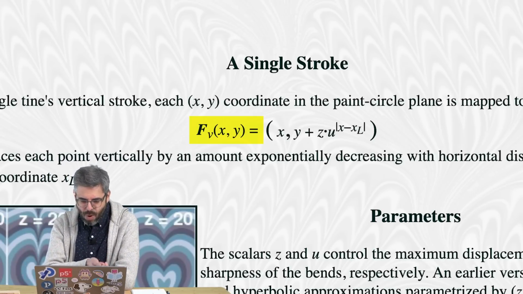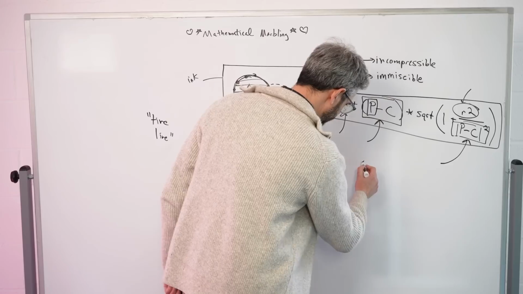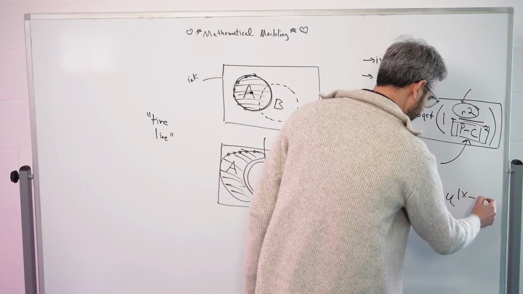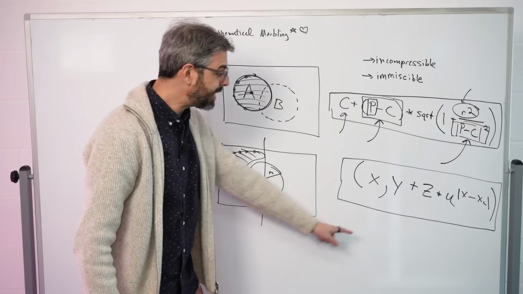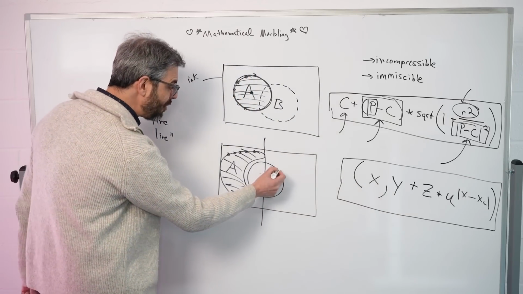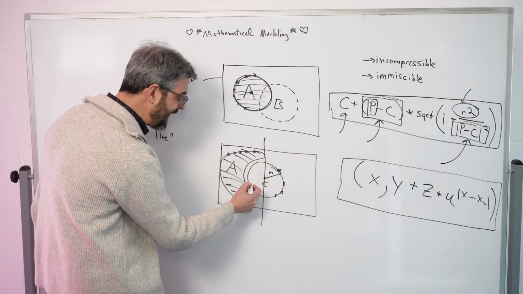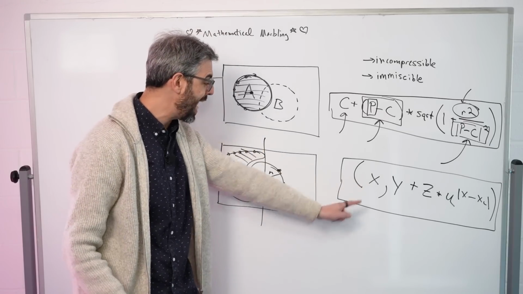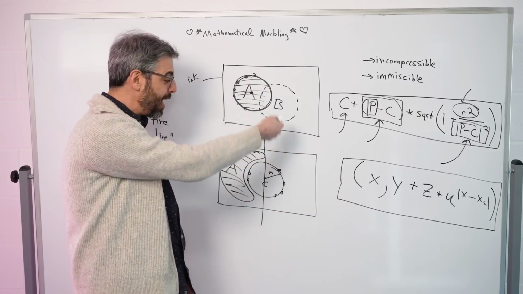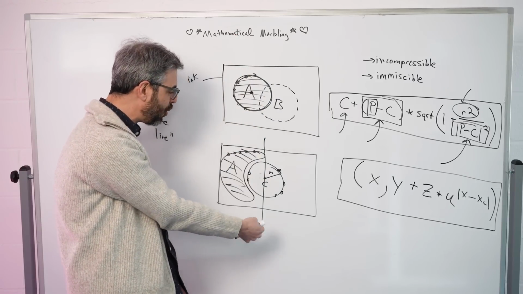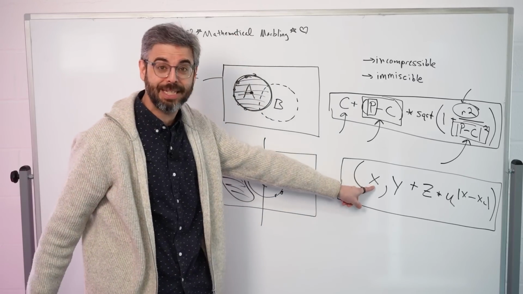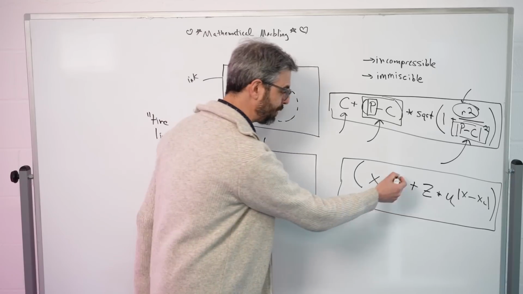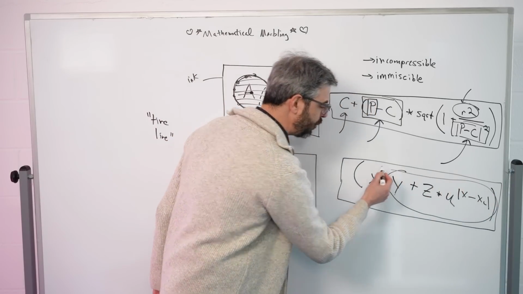F of x of y equals, this is my new point. For every xy vertex in any drop of ink, I need to calculate a new xy. If the toothpick, the tine line, is perfectly vertical, there is no x displacement, only a y displacement. Only y gets a new value.